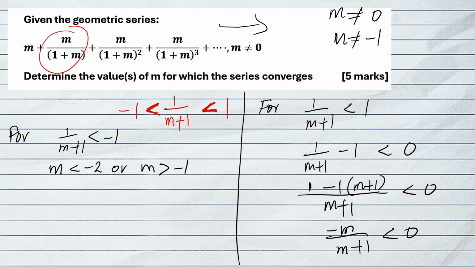Okay, so those are our critical values. After getting our critical values, we can draw our number line, right? So we go to 0 and -1.